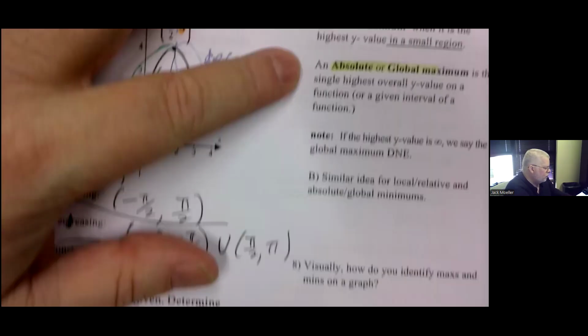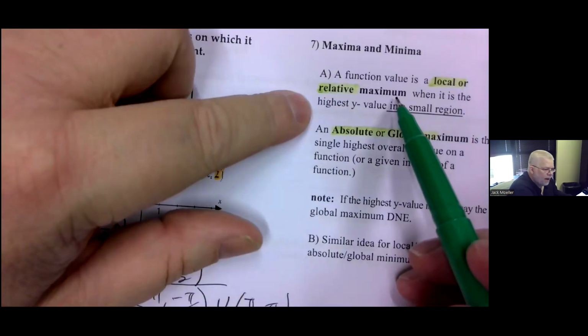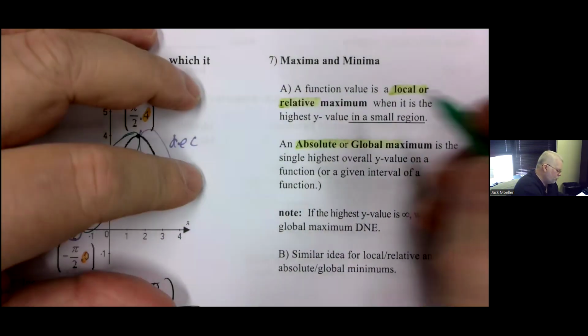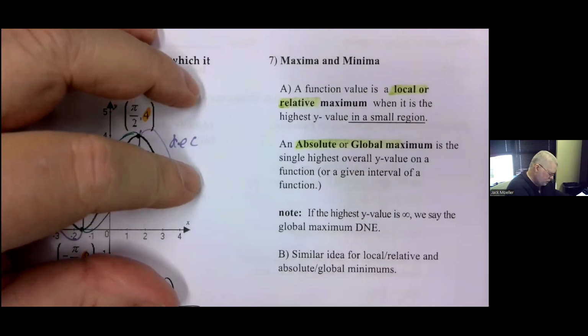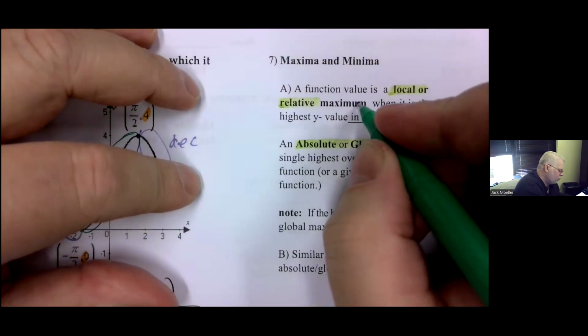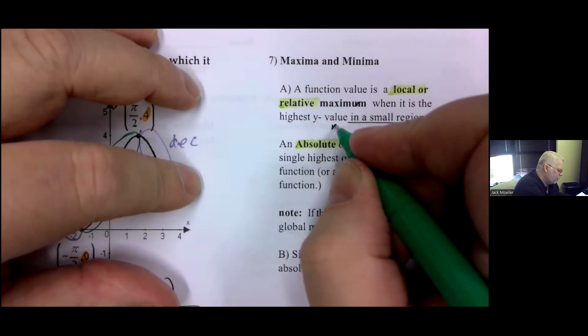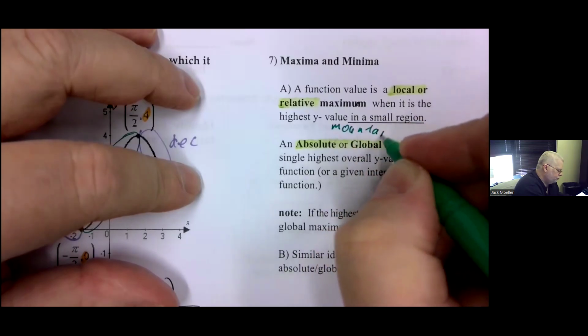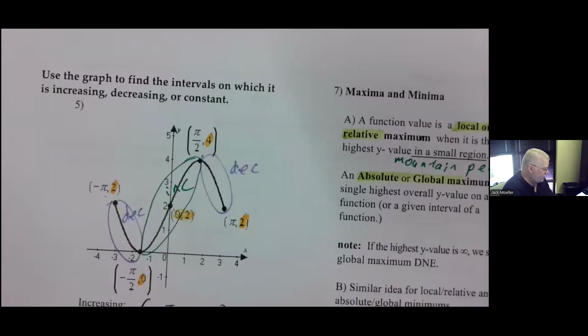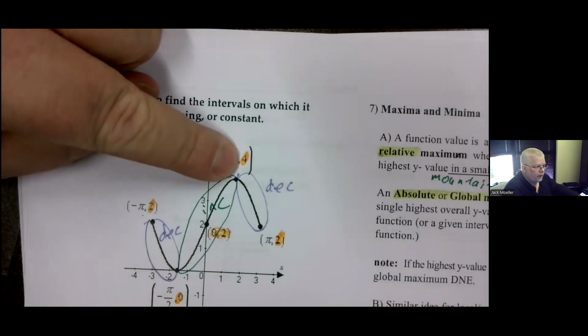All right, so the local mins or maxes. On our graph, we're going to look for mountain peaks. So for maximums, look for mountain peaks. What I mean by mountain peaks, that's a mountain peak.